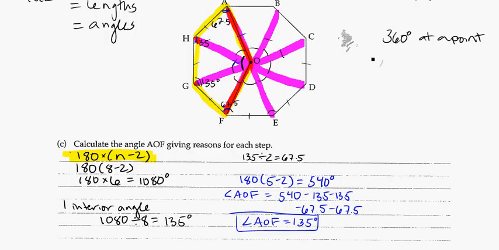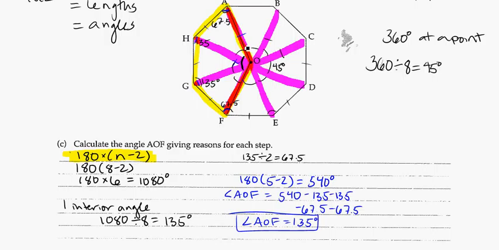8 wedges. So 360 divided by 8 will give you 45. So I've basically found that I need 45 degrees on each of these angles at this point.